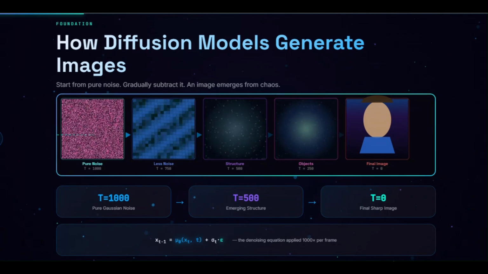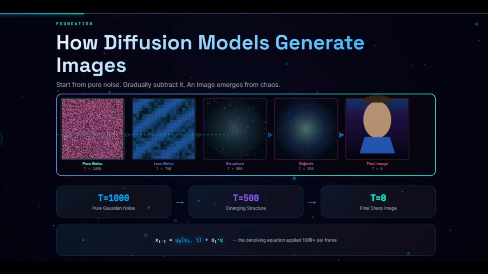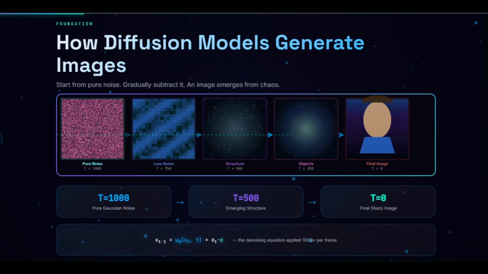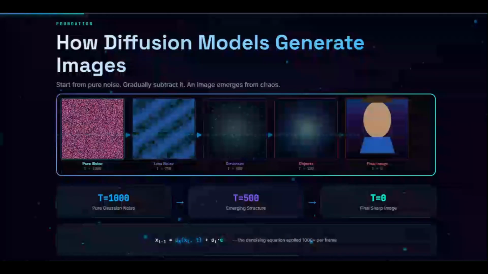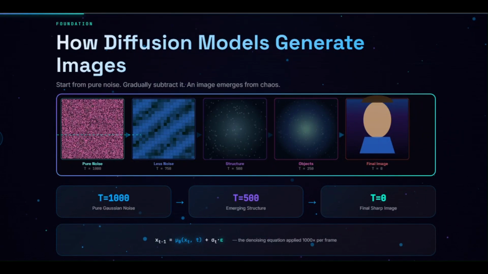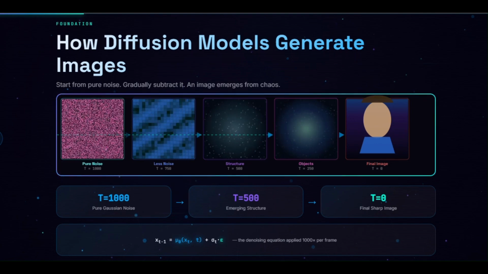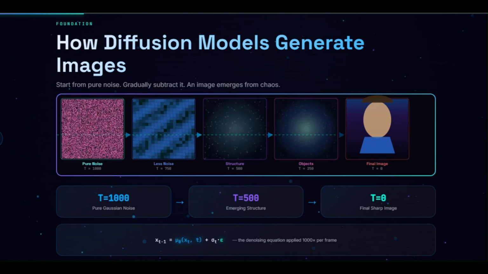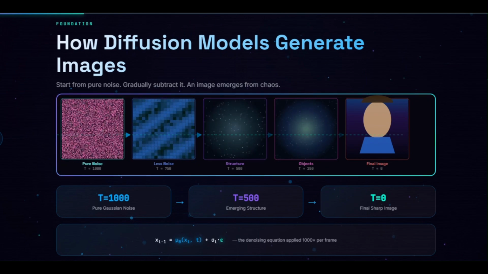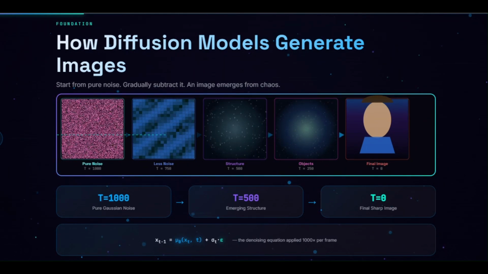At first, rough shapes emerge, then edges become visible, then recognizable objects begin to appear. Eventually, a fully detailed image is generated. The equation shown here represents a single denoising step. This process can be repeated hundreds or even thousands of times before producing the final image. For a single image, that's manageable. For video, things become much harder.